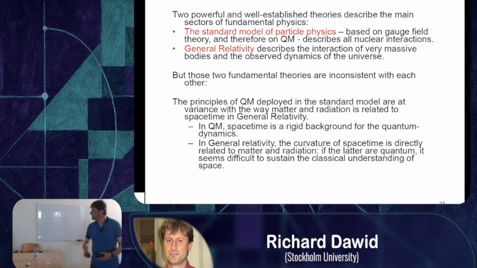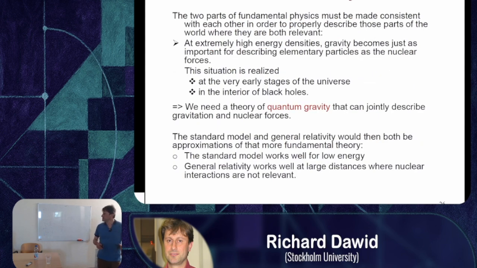In quantum mechanics, there is a rigid space-time background, while in general relativity, the curvature of space-time is directly related to matter and radiation. So there are problems in understanding how one can bring those two together, and that is important because there are regimes where both forces are relevant.